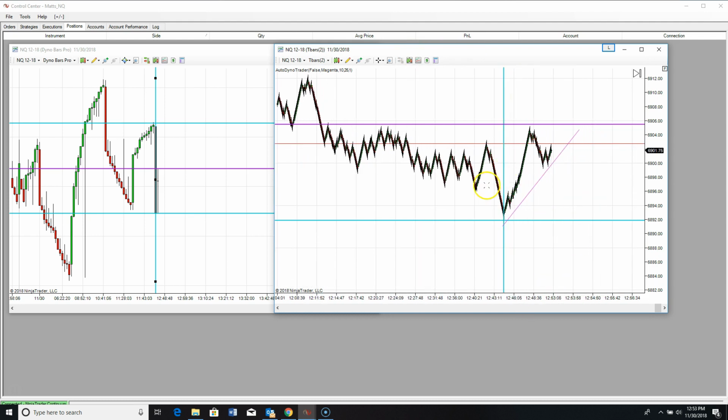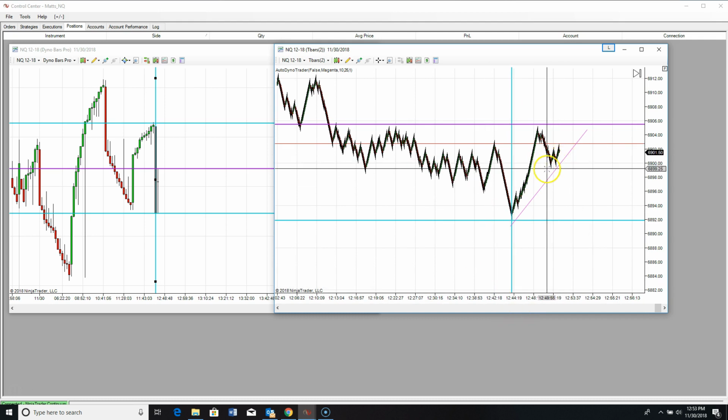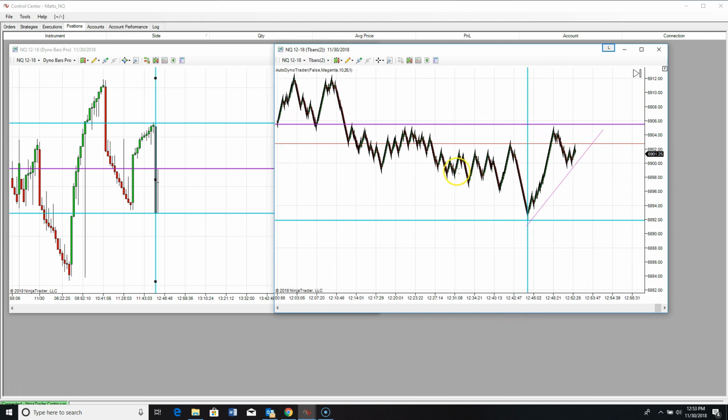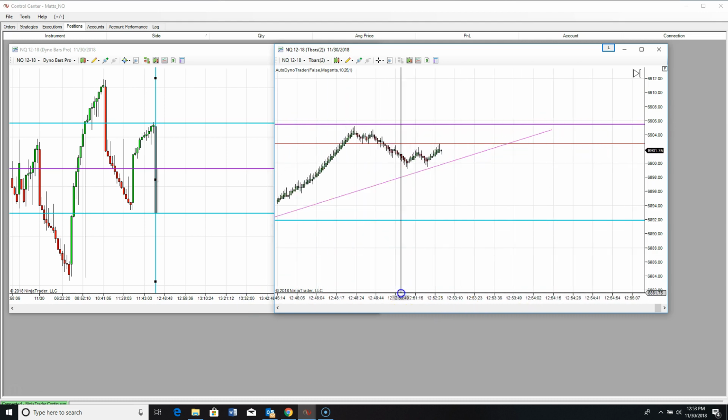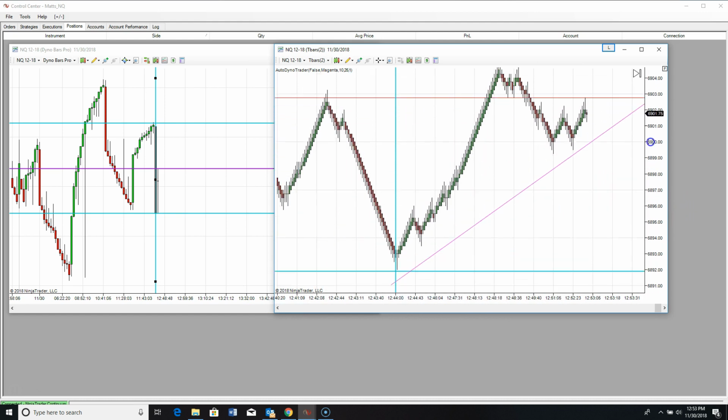So for me, I can zoom this thing out and I can see these are well-defined pivots. I like this. I don't like being all up in here trying to connect pivots, maybe that pivot or that pivot.